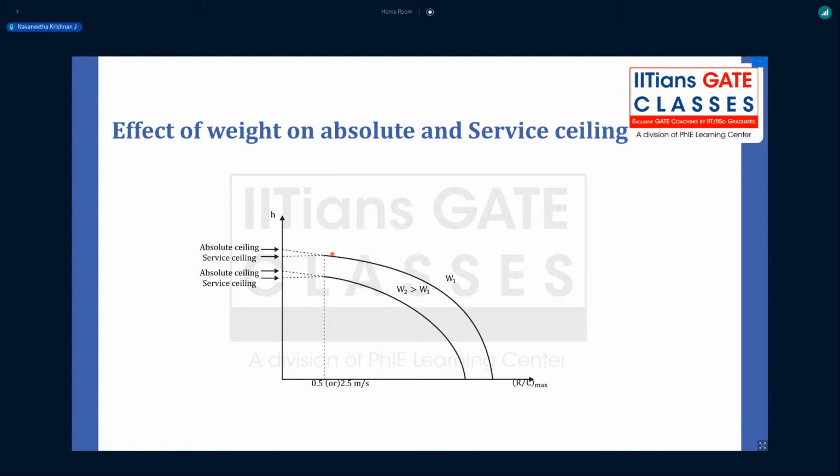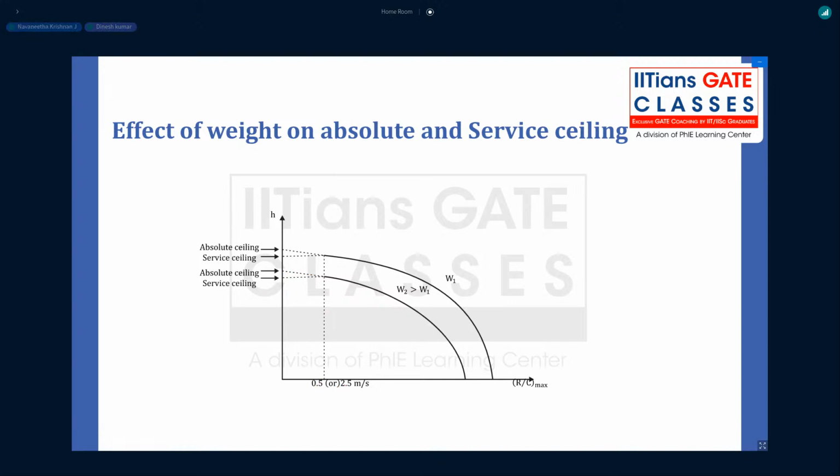Let us assume the service ceiling rate of climb for a piston engine aircraft was 0.5 meter per second and for a jet engine aircraft 2.5 meters per second. If weight increases, you would reach that rate of climb at a lower altitude itself.